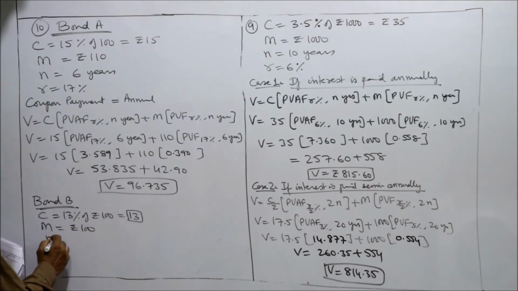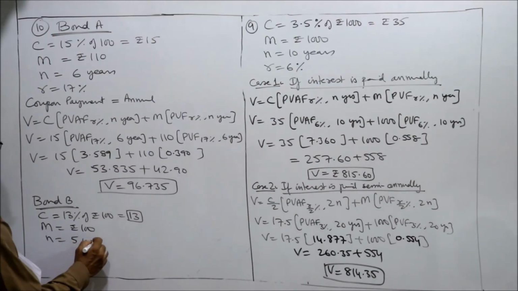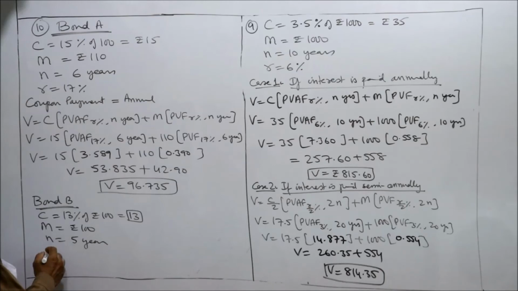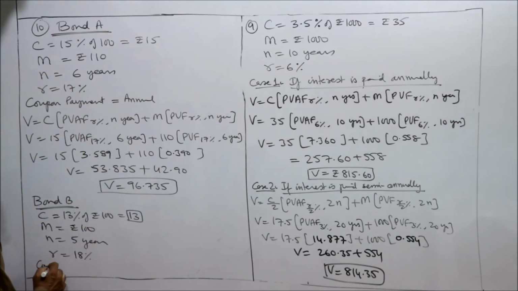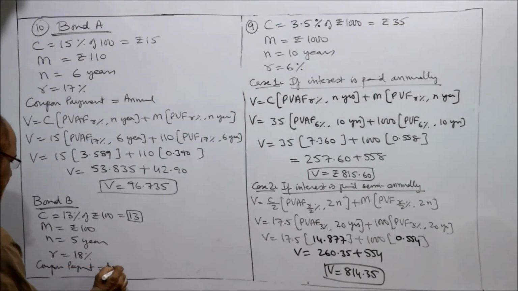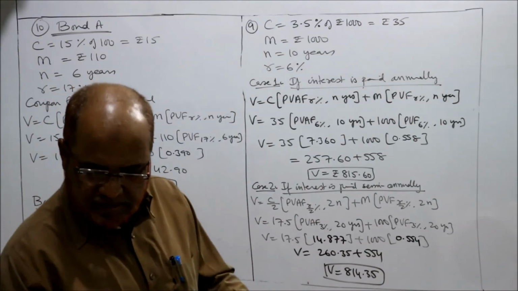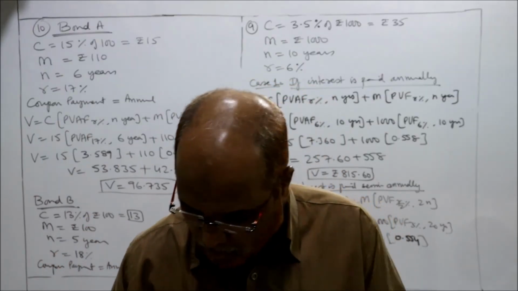Then N is equal to period to redemption, 5 years. And required rate of return, 18%. Coupon payment annual. That's it. This is the data given for bond B.